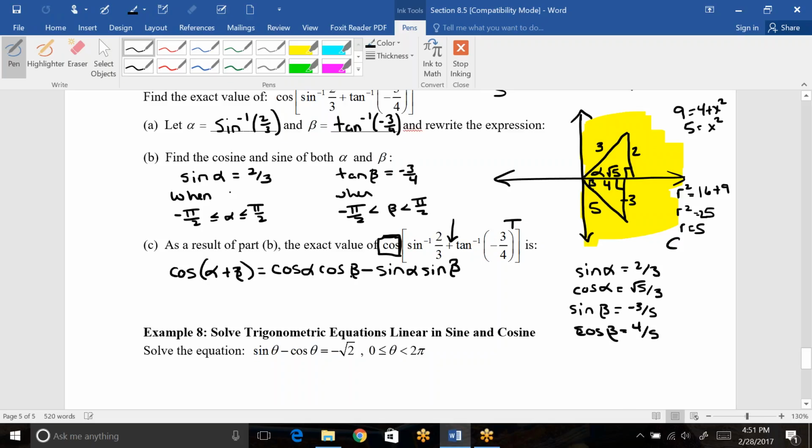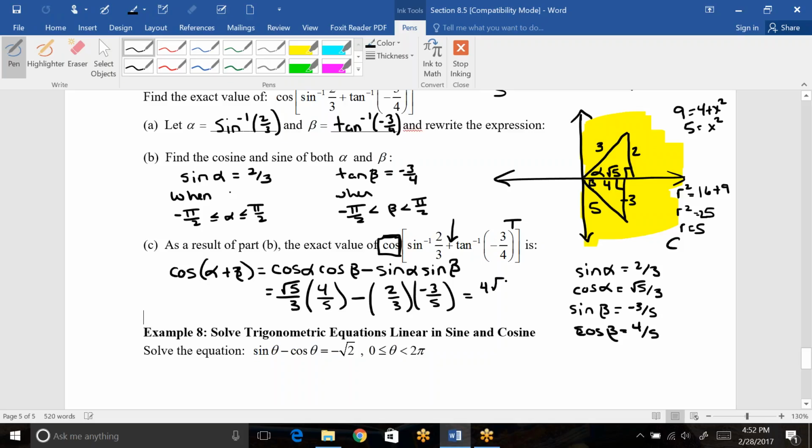So now we have all of our pieces, we can plug them in and get the actual answer to this really complex thing by using substitution, which is what we did. So cosine of alpha is square root of 5 over 3. Cosine of beta is 4/5. Minus sine of alpha is 2/3. Sine of beta is negative 3/5.